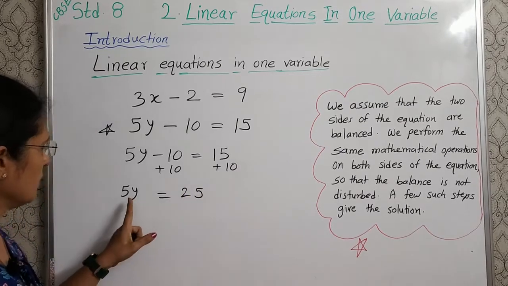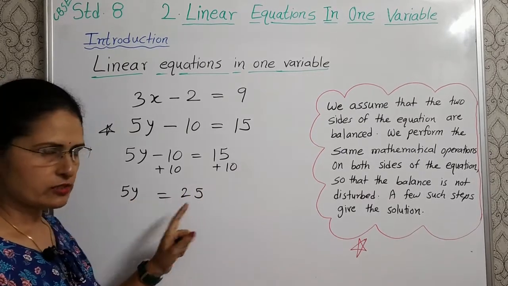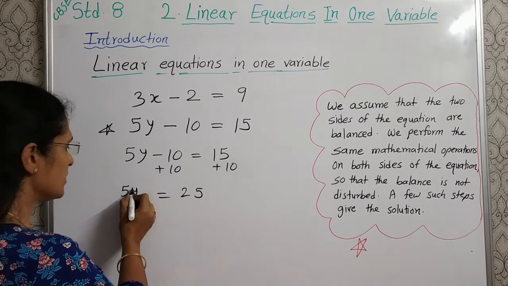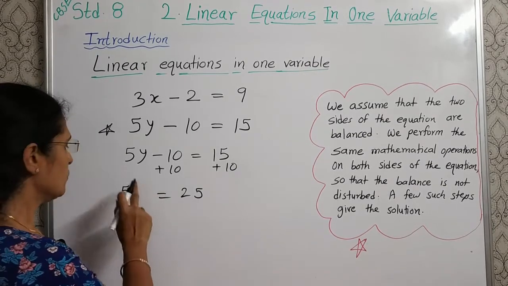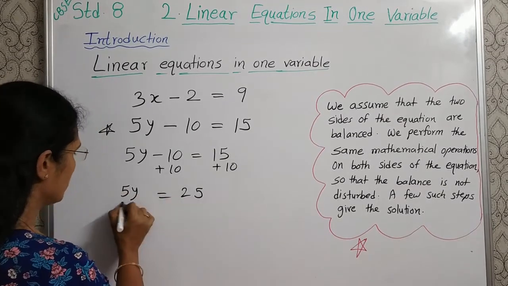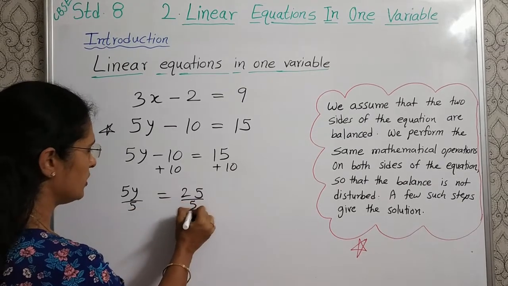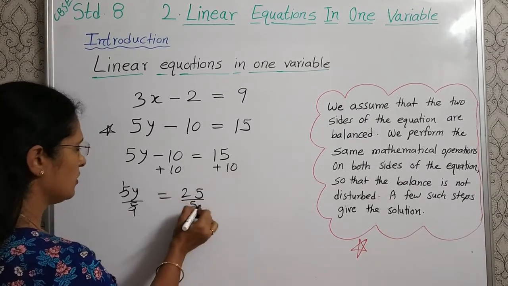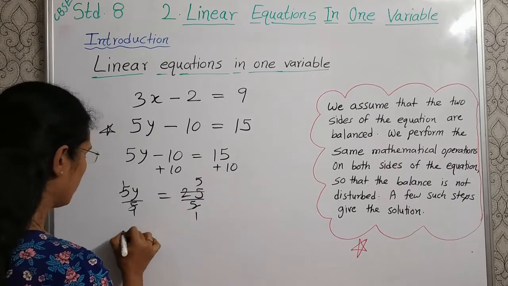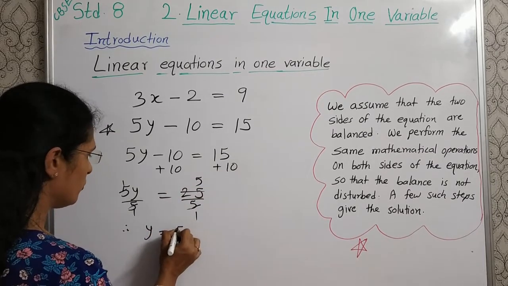After that again we'll divide by 5 on both sides because this 5 is multiplying with y. 5 will get cancelled, here 5 fives are 25, and so y is equal to 5.